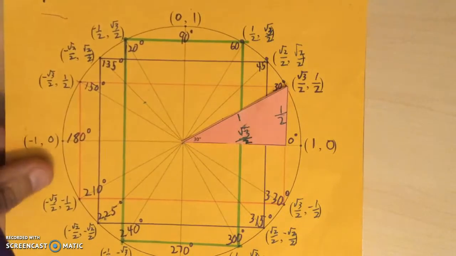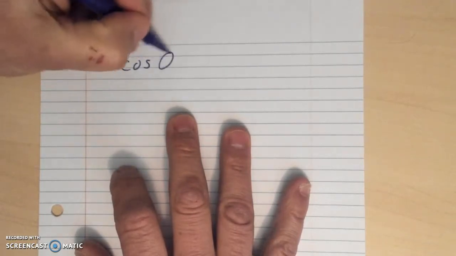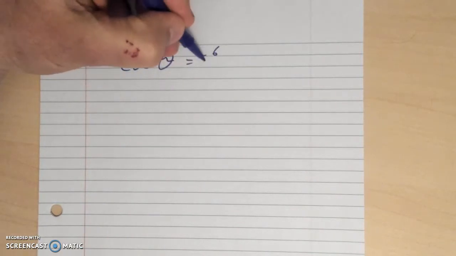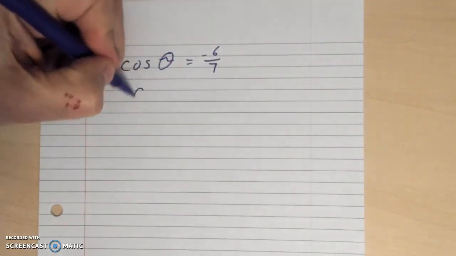So what we can do is make a right triangle out of it. So let's see. Two things that we know. We know that the cosine of the angle is -6/7. And we know it's in quadrant 2.